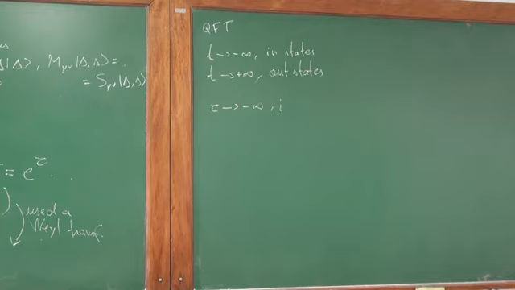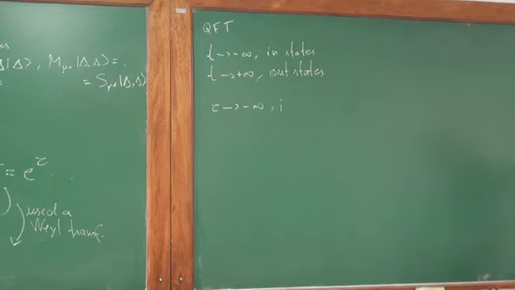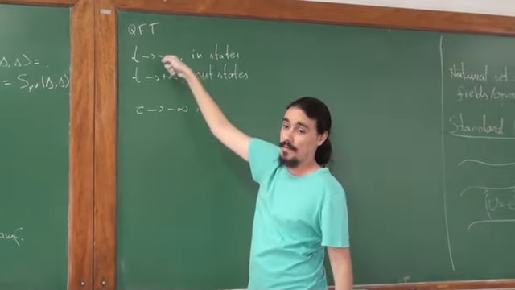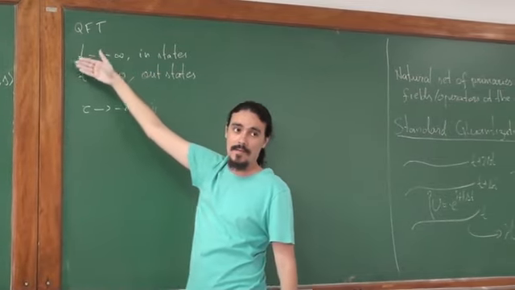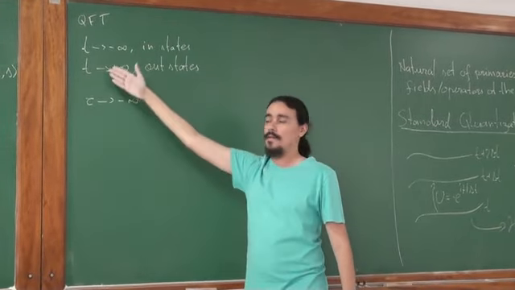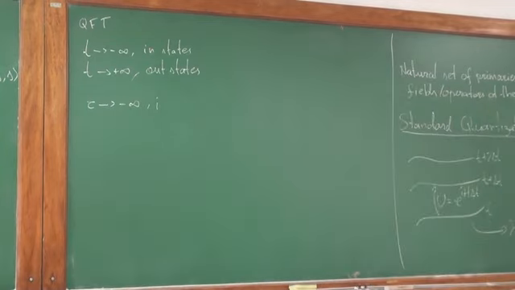Any more questions? Okay. No? So let's go back. In standard quantum field theory, we create in-states at time equals minus infinity, and then we measure the out-states that live at time going to plus infinity.